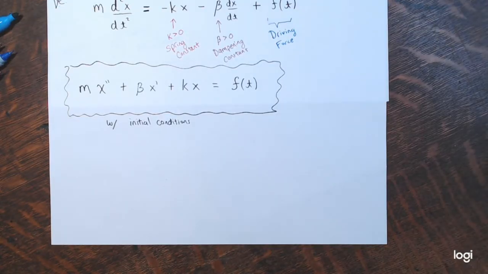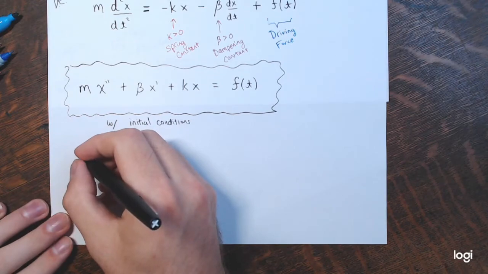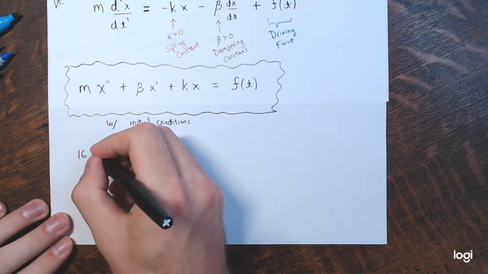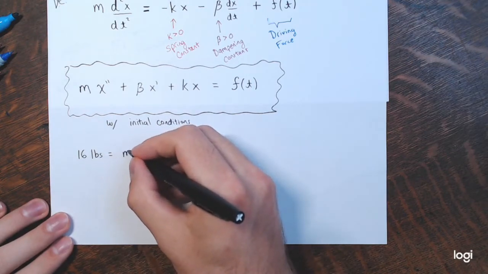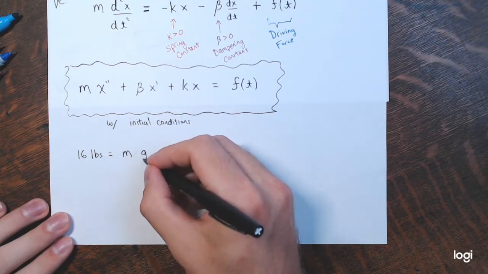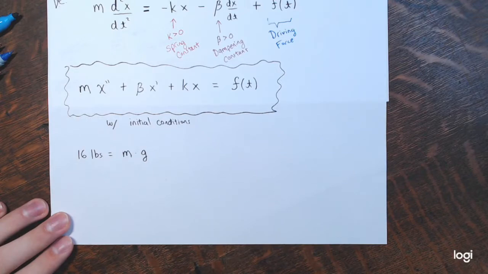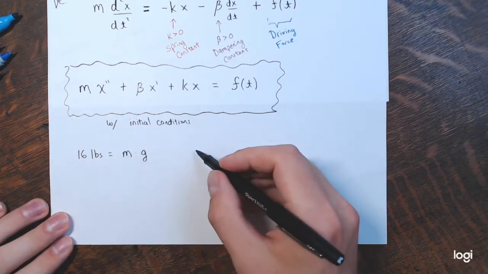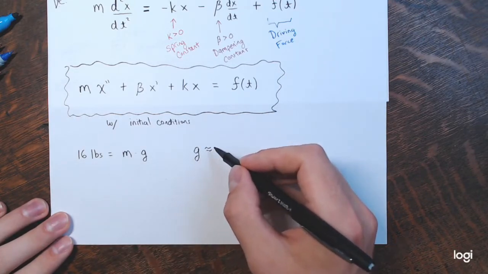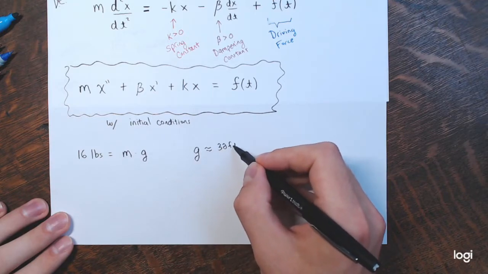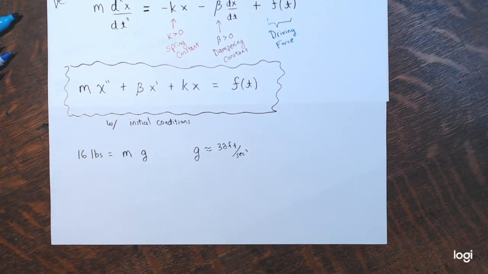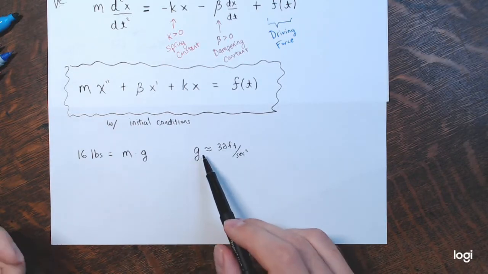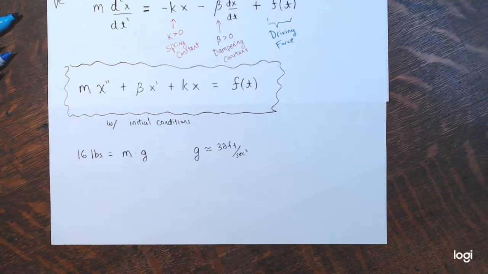they said the weight of this thing was 16 pounds. Remember, the weight of an object is its mass multiplied by the gravitational acceleration constant, which if I'm in pounds, I'm going to be using 32 feet per second squared. If they gave me newtons, then the gravitational constant would be 9.8 meters per second squared.